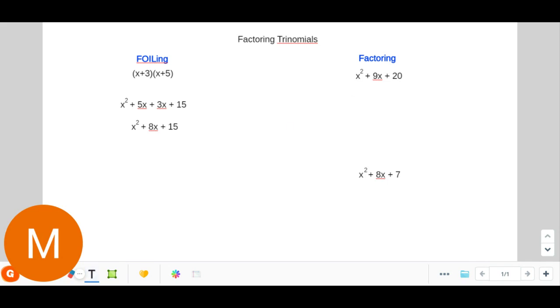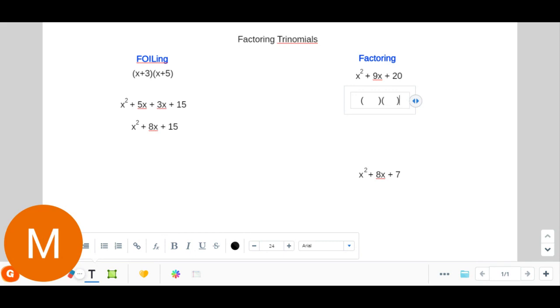So over here you have x squared plus 9x plus 20. So I want to factor this. That means I want to write it something similar to what we have on the other side, where I have another parentheses.